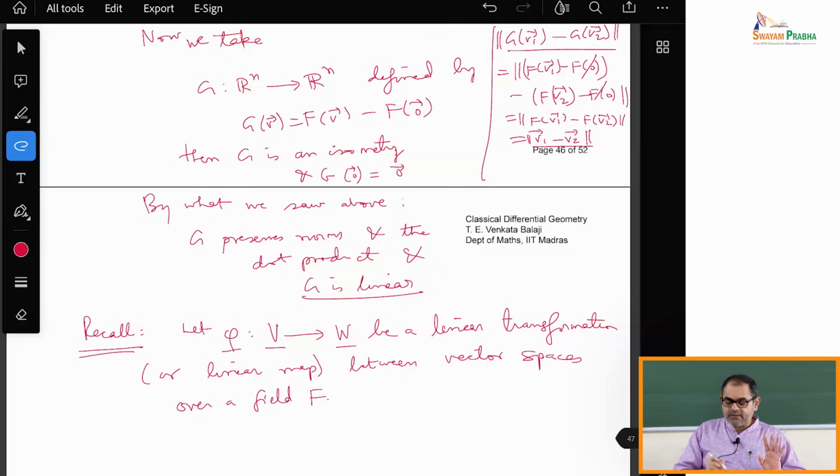And you are going to therefore only apply this to a linear map from Rn to Rn.